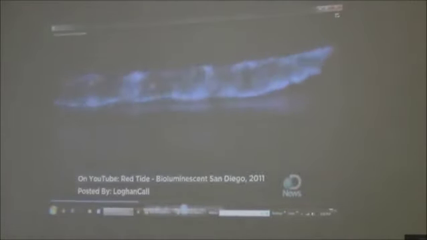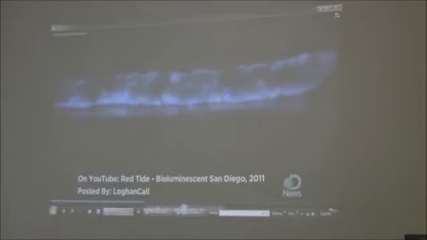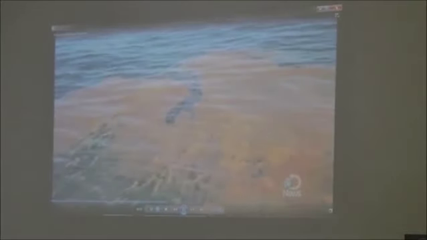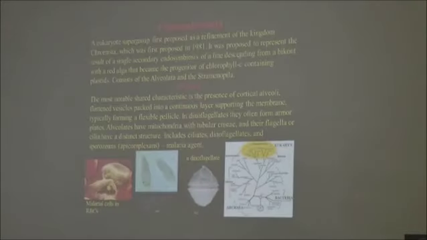According to Latz, this organism is known to form algal blooms commonly called red tides. These red tides are just a natural part of the ecosystem, but the challenging thing about them is that we don't understand why they occur, and we can't predict when they're going to occur. We know that there's a red tide when we actually see it.